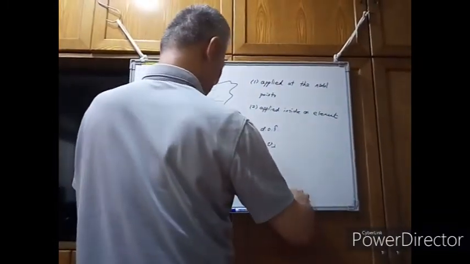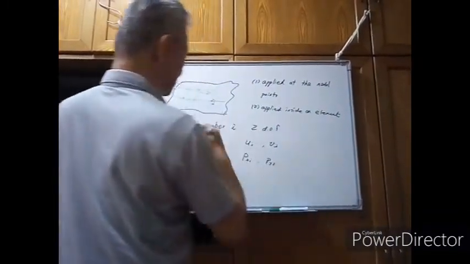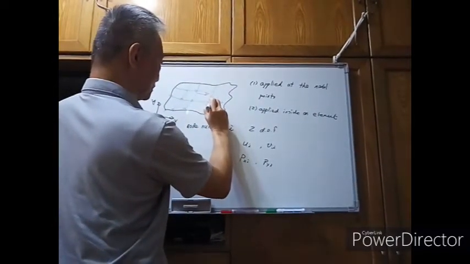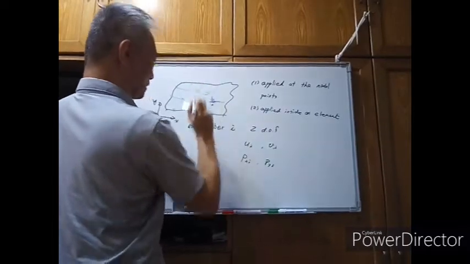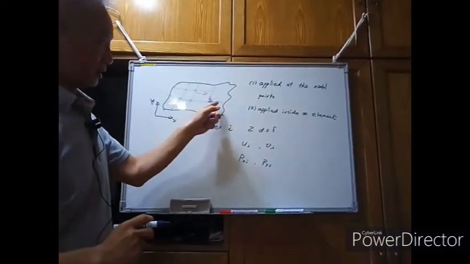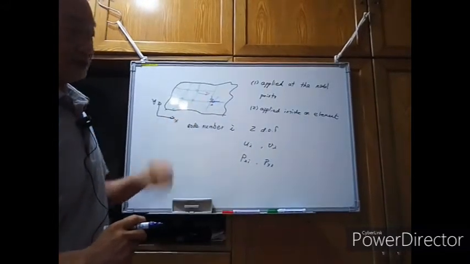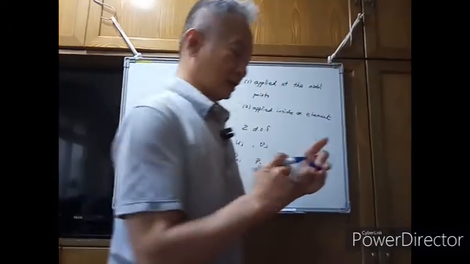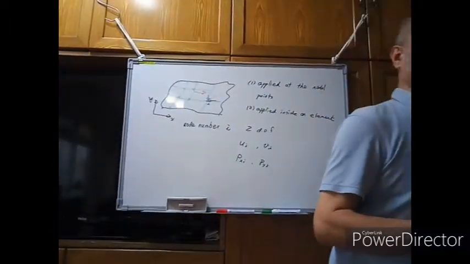So you can decompose these load vectors into 2 component loadings. Okay, so the PXI is the component load along the X direction. The PYI is the component load along the Y direction.